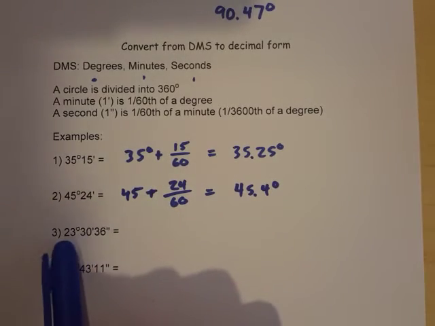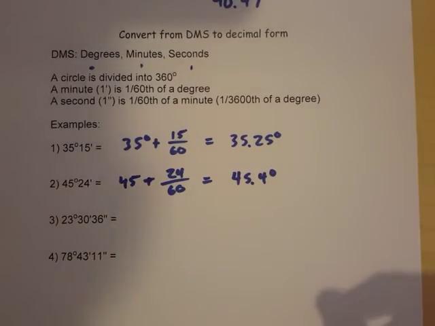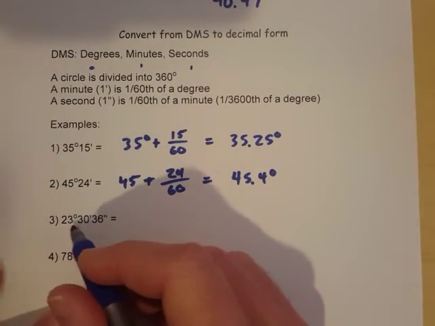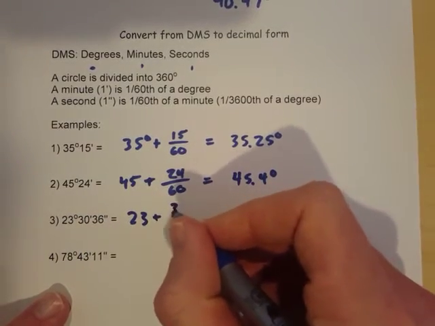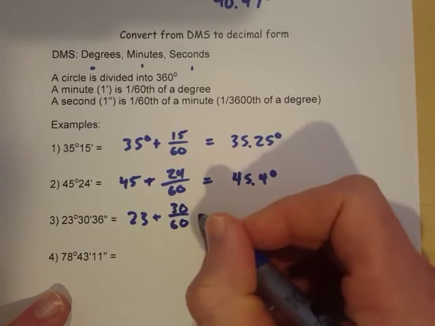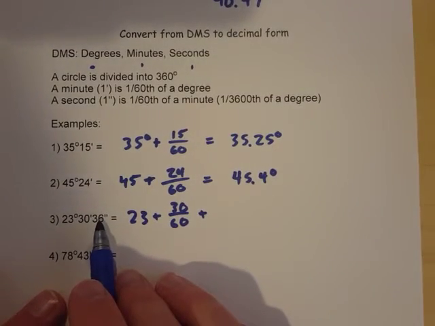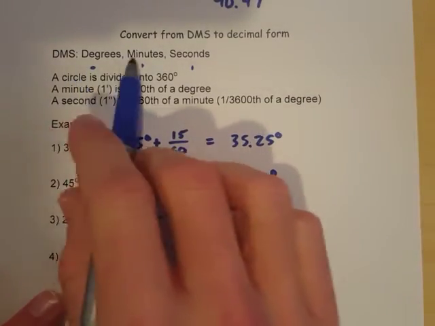All right, now you'll notice in numbers 3 and 4 that we have seconds introduced into the mix. It takes on basically the same thing to start with. We have 23 degrees, 30 minutes, so that's 23 plus 30 divided by 60. But then we also have to do these seconds. Now we're not going to divide by 60 here, because we want to reference it in terms of full degrees.